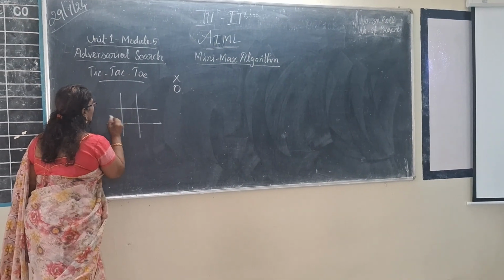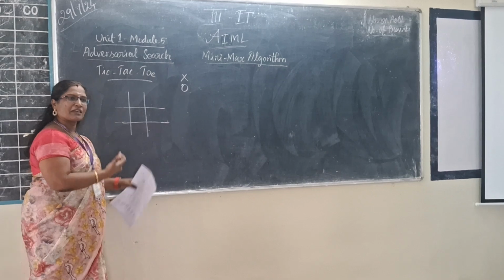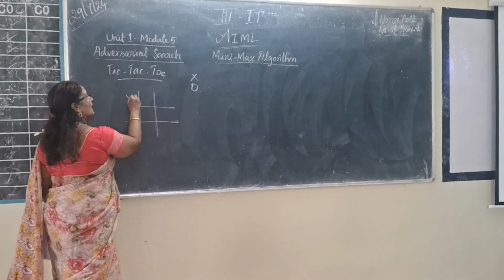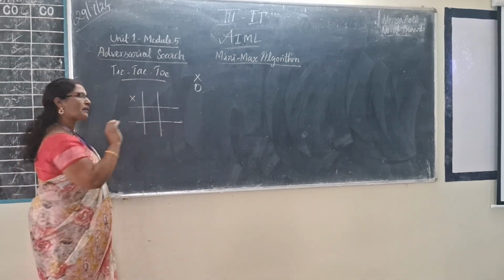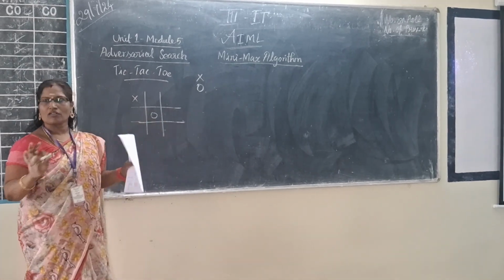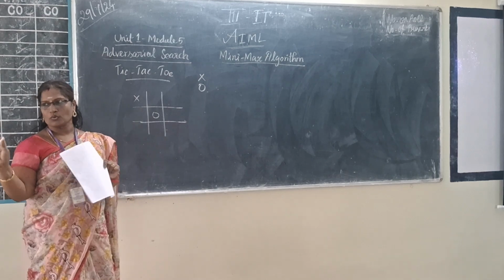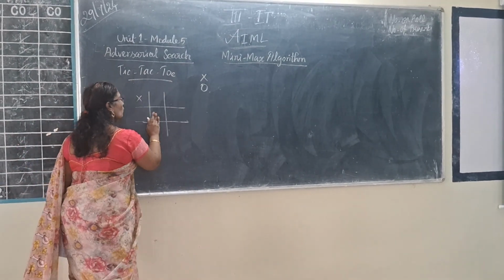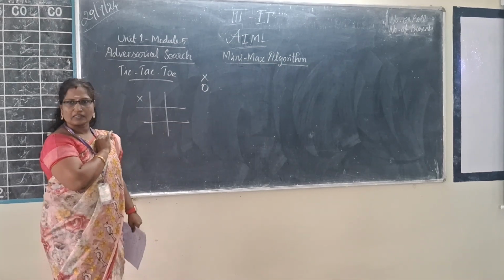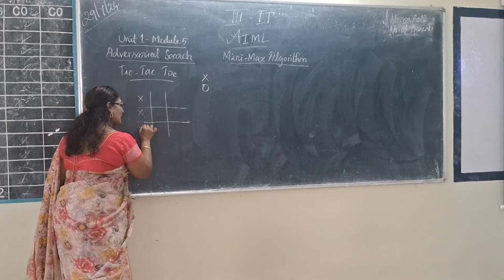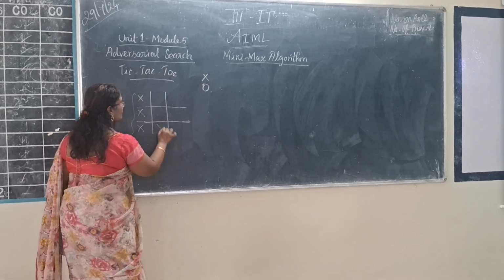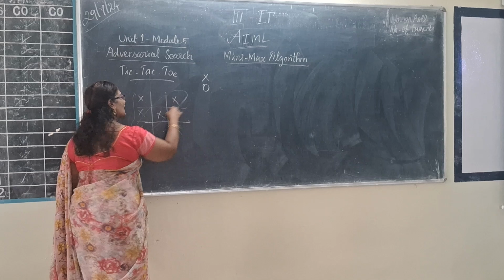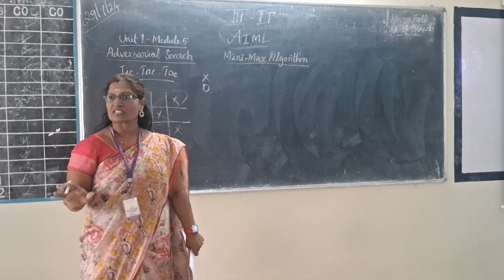So how do you play this game? Anybody can place X or O anywhere. The first player will place X somewhere, and the next player will place O somewhere. Finally, how do you declare the result? What is the winning criterion here? You must get three in the same row, or in the same column, or if anybody gets all three in the same diagonal, they are announced as the winner.